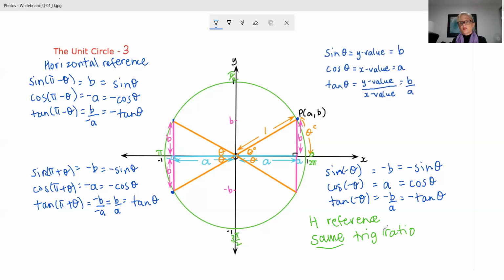So sine will be sine, cos will stay as a cos, right? Tan will always stay as a tan. The only difference is that the sign, S-I-G-N sign, might change.